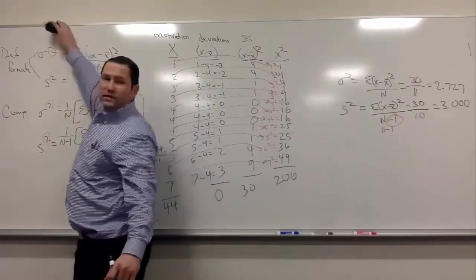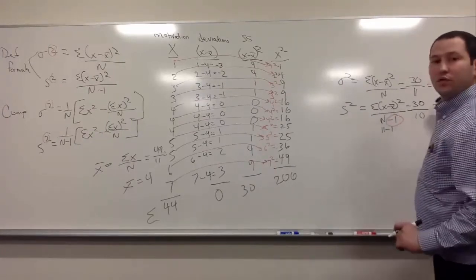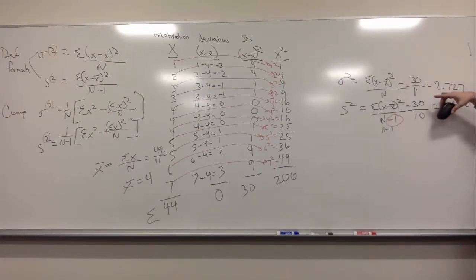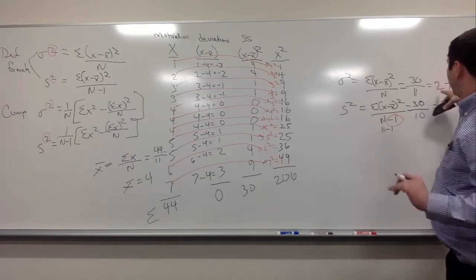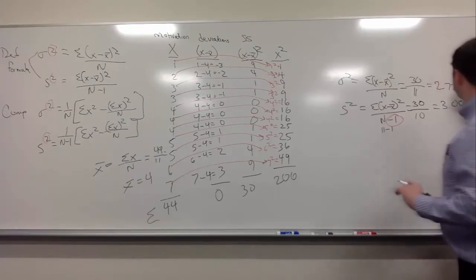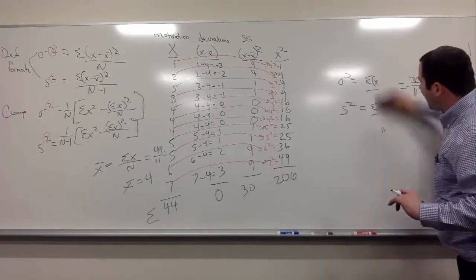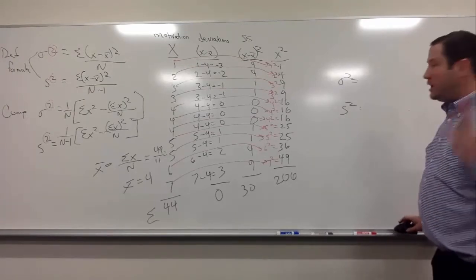So let me take this eraser, and I'm going to restate our formulas. Write down these numbers because with the definitional formula, we got 2.727 and 3.0. Okay, so I'm going to erase this. And with the computational formula, I should get the same numbers.